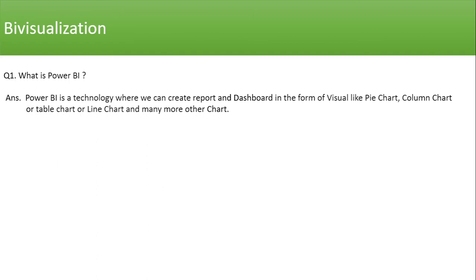So in Power BI there are multiple options. Once we open Power BI, we'll see how many charts are available by default. Apart from that, we can also see how to download other charts from the marketplace.